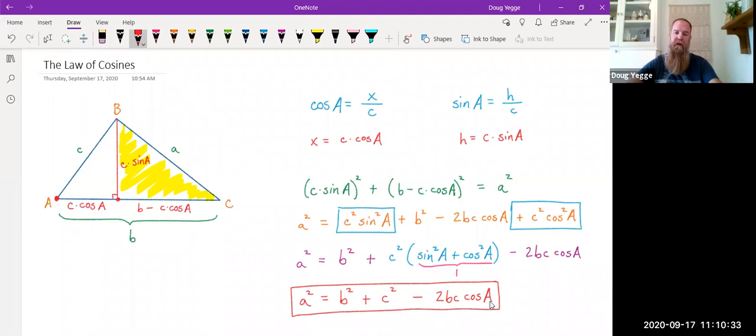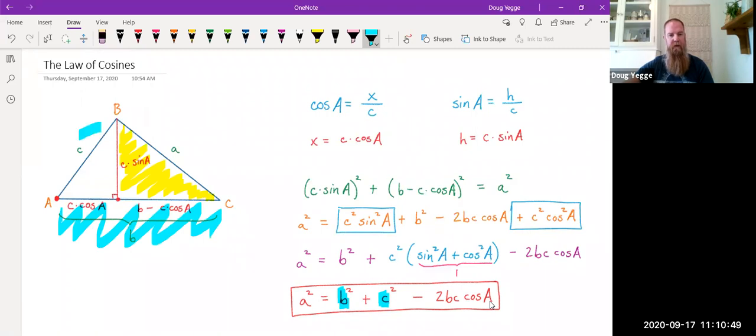Now this is definitely a bit more intricate than the law of sines, but the benefit of this is that if we're given two sides, let's say B and C, which is here and here, and we're given the angle in between them, which is right here, then I should be able to find the other side of the triangle, even if I'm given side, angle, side.